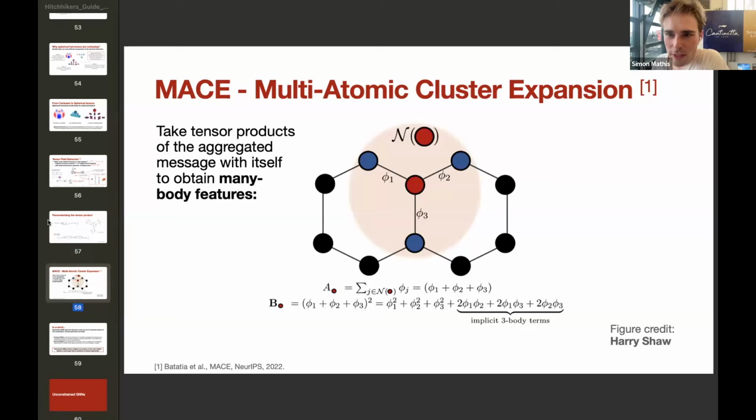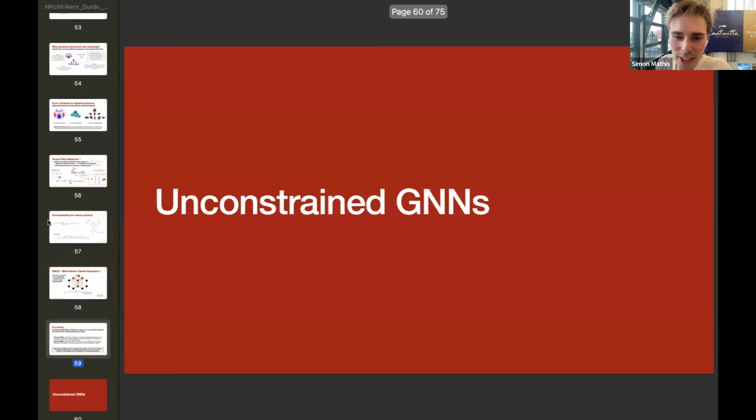And one of the problems that it solves is that it makes the computation of higher body order interacting terms more efficient. And you can see many more details of this in our Hitchhiker's Guide. With that, I want to hand it back to you, I think, Alexandra, to talk about unconstrained GNNs and anything else we can take in the questions.